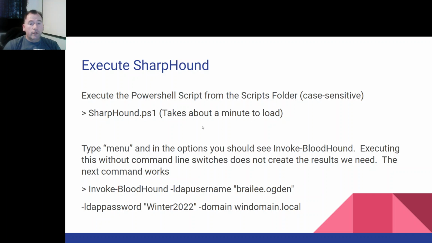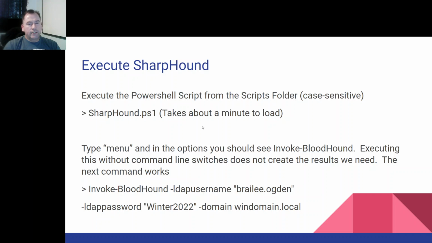To execute SharpHound, if it's in the scripts folder and we're on EvilWinRM, we just do SharpHound.ps1. It does take a minute to load, so don't think something's not occurring. If you executed it, just give it some time and it should complete.